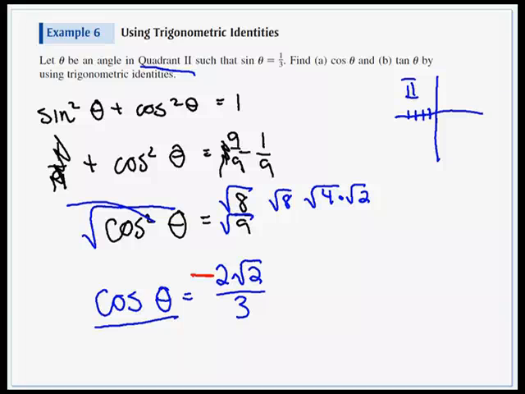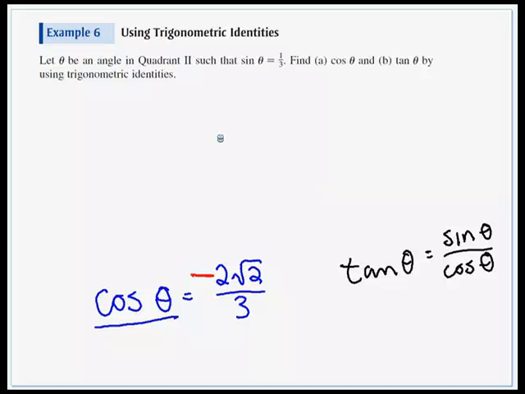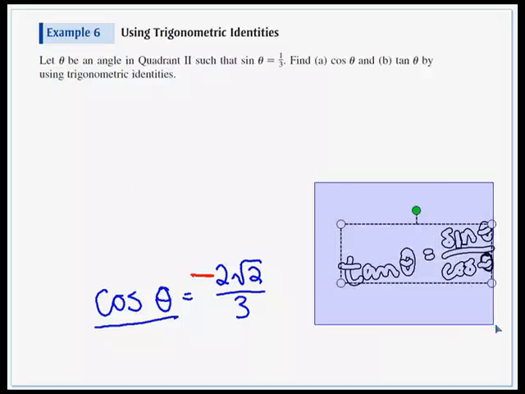And in part B, they ask us to find the tan of theta. Well, tangent of theta is equal to sine of that same angle divided by cosine of that angle. We were given sine in the setup to the problem, and we just found cosine.